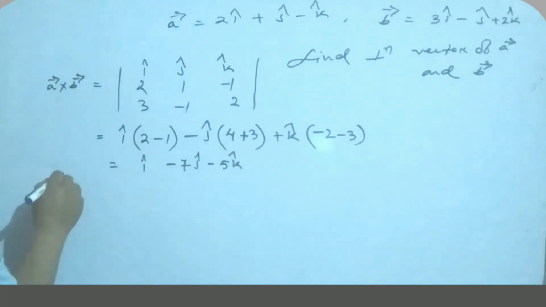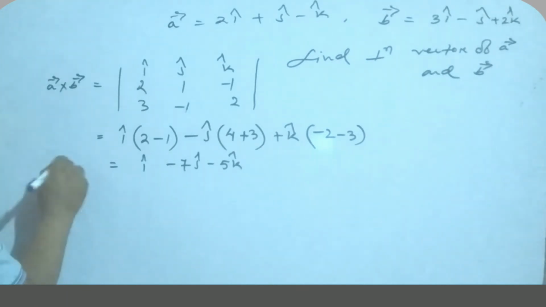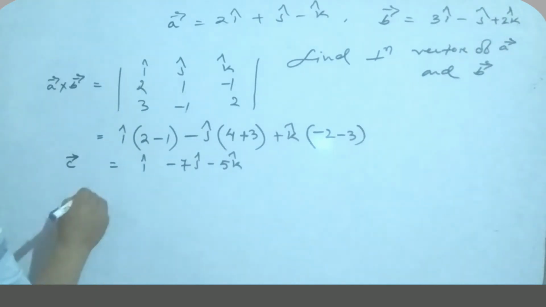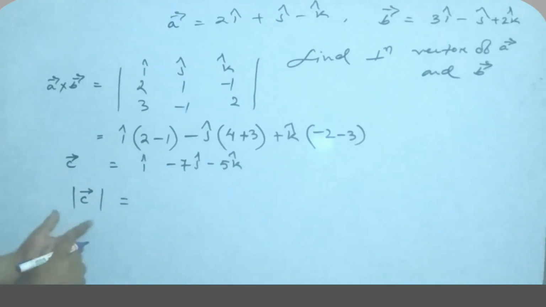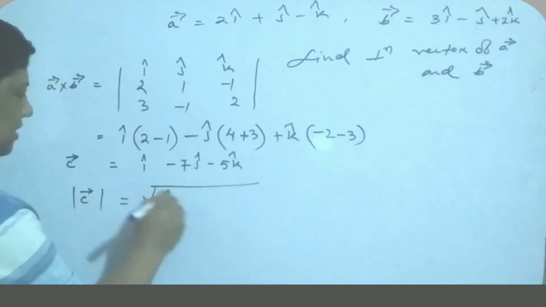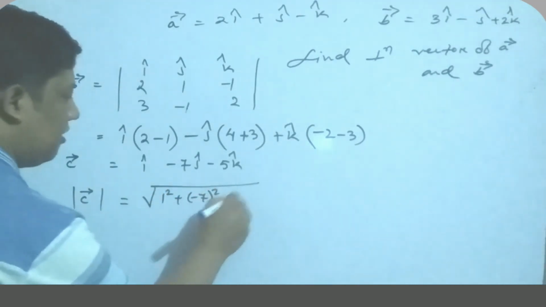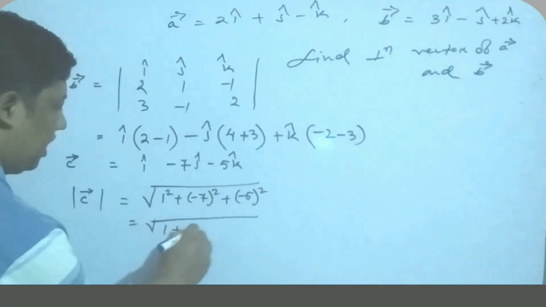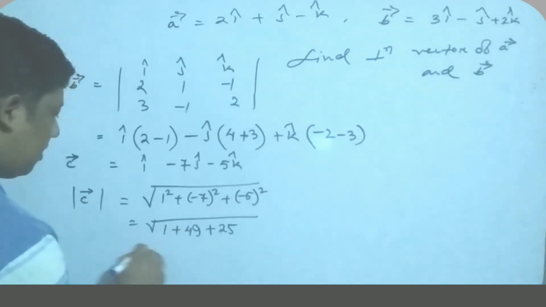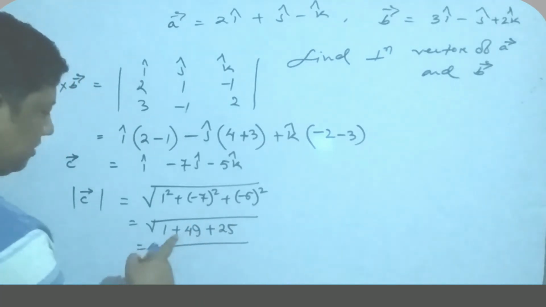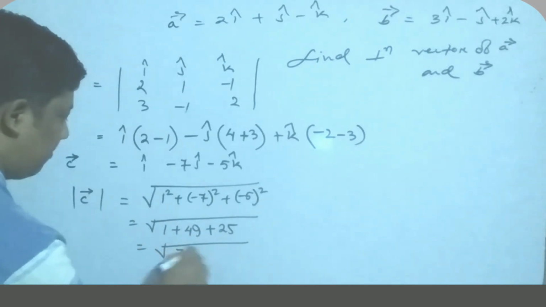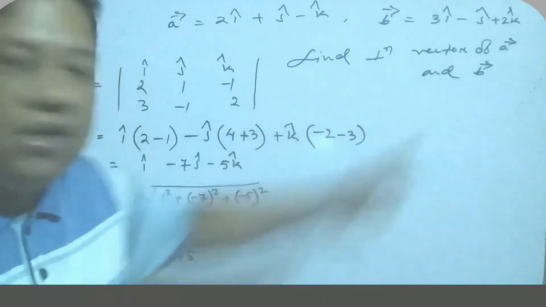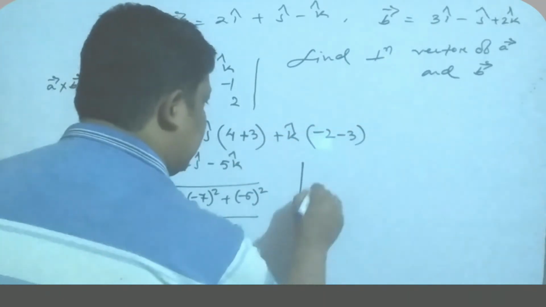Now suppose this vector is denoted by C. Now you have to find the magnitude. According to the rules, 1 squared plus 7 squared plus 5 squared, so 1 plus 49 plus 25, I get 75. Now if you want to find the perpendicular unit vector, you have to find C cap.